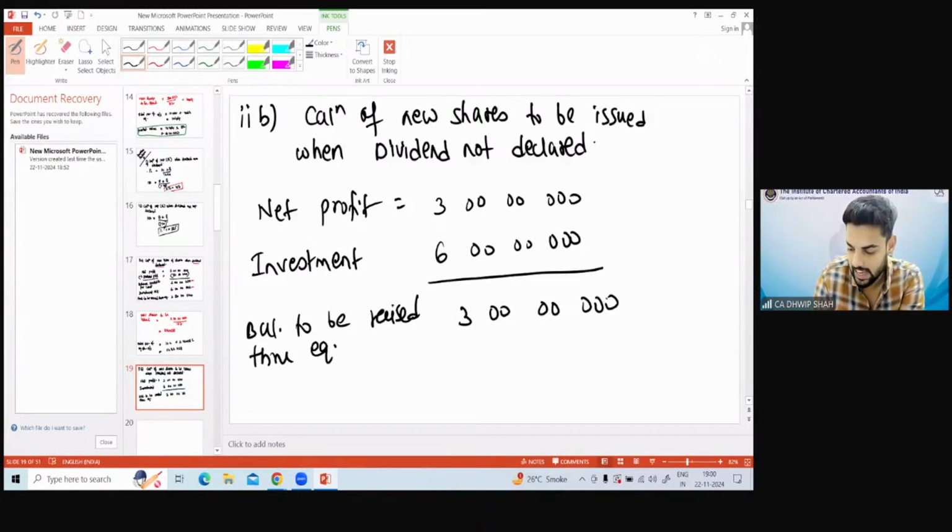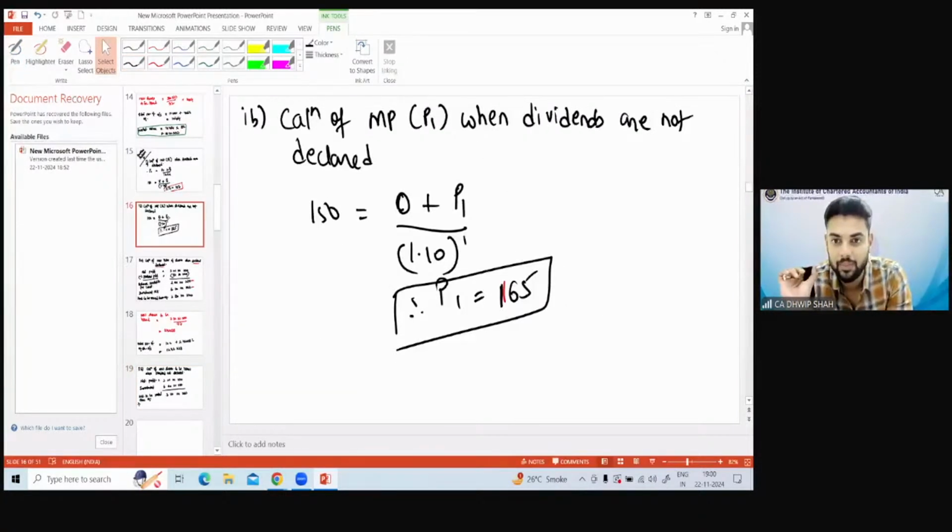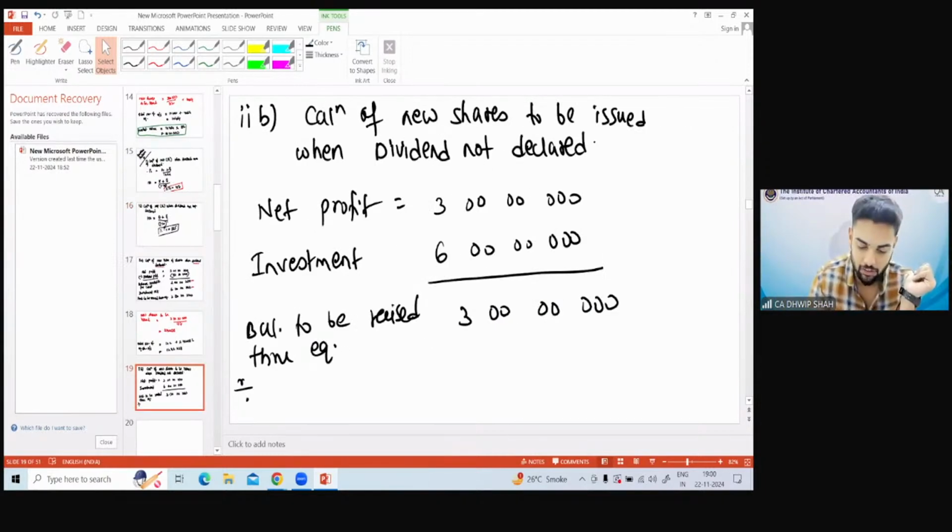And obviously, I will issue or raise this equity share capital at the market price when dividend is not declared. How much was that? 165, yes or no? When dividend was not declared, my market price would become 165, not 157. So my issue price would be 165.